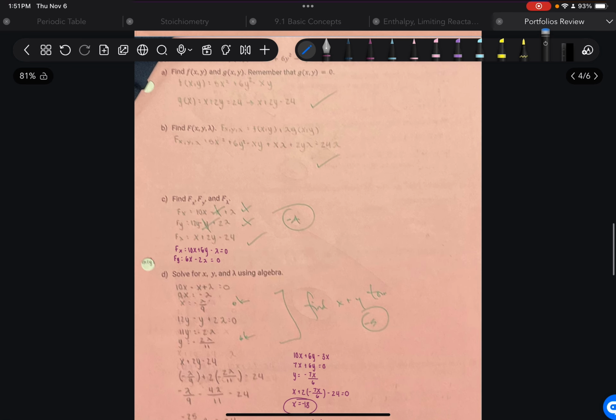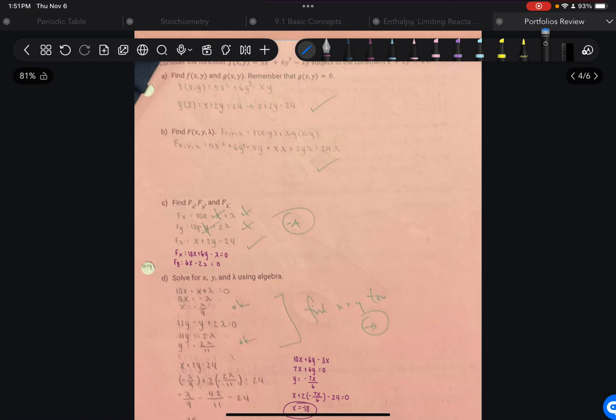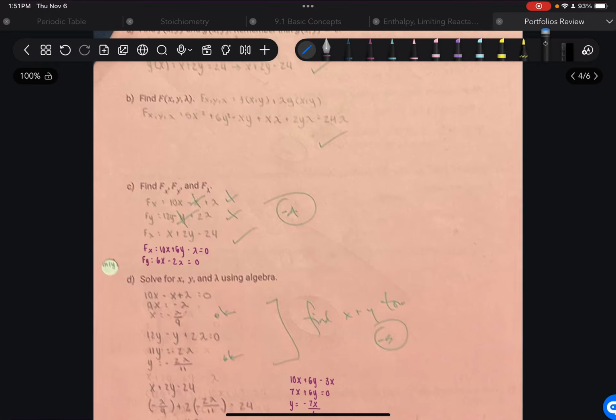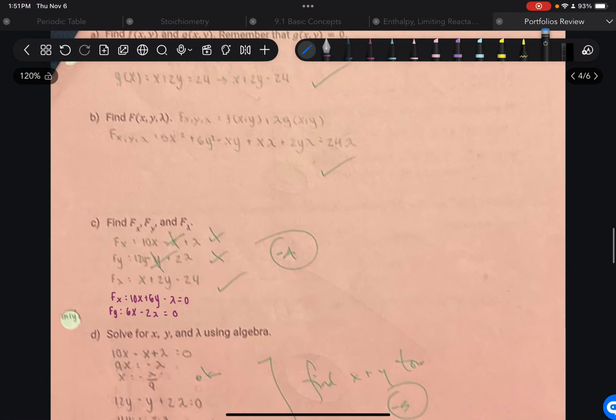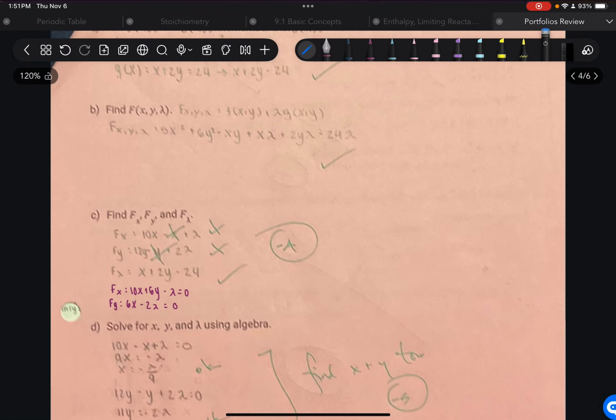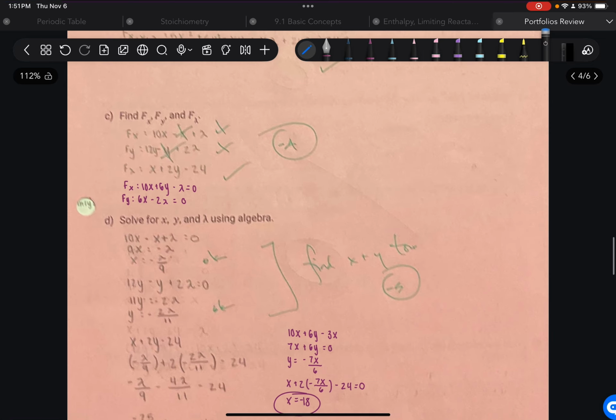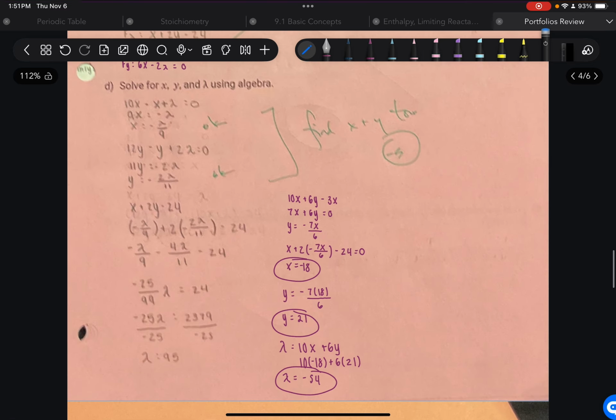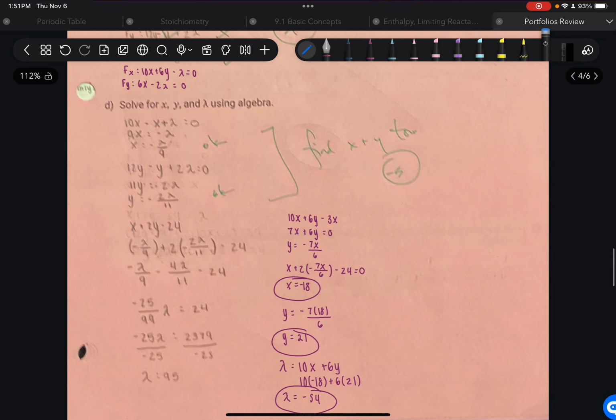For question number 3, I also had some trouble finding f of x and f of y. So I went back and refound those. And then for part D, I had some trouble finding x, y, and lambda.